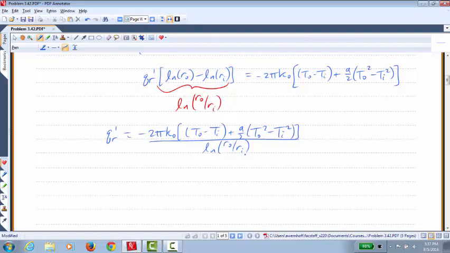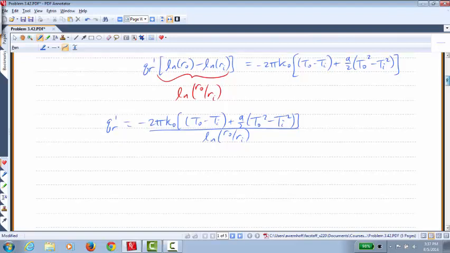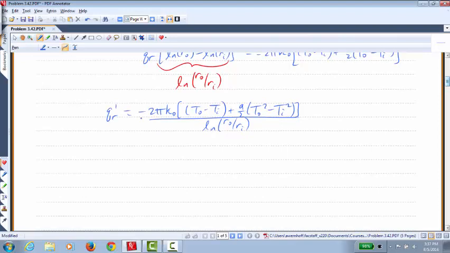However, we can do something a little bit better than this. Let's explore the influence of the temperature dependence on our answer. So let's take the negative sign and incorporate it into the brackets here. And we're also going to take out of the second term, the T_o squared minus T_i squared, a T_o minus T_i. We know that a difference of squares is the same thing as T_o minus T_i times T_o plus T_i.